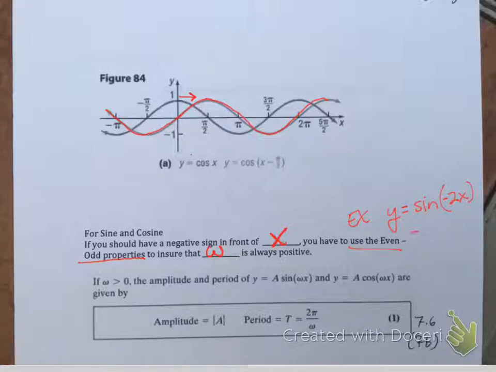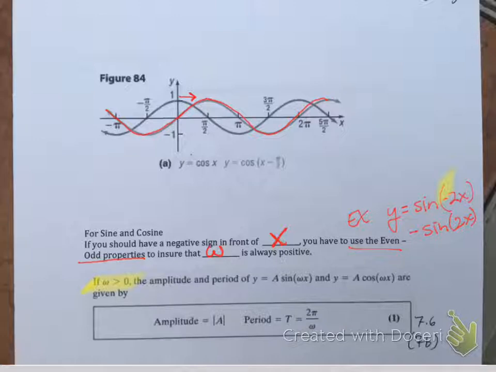Sine is odd, so the negative comes out. And then you would graph this, negative sine of 2x. So that's just an example. You can't have that negative right in front of the 2x. Okay, so omega always has to be positive.